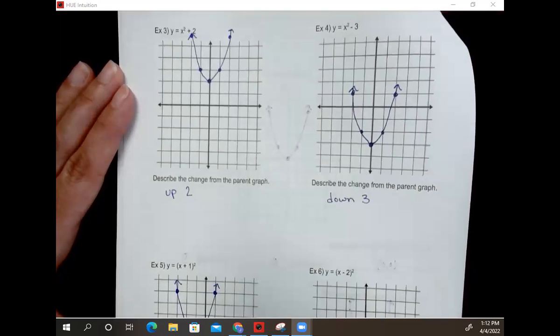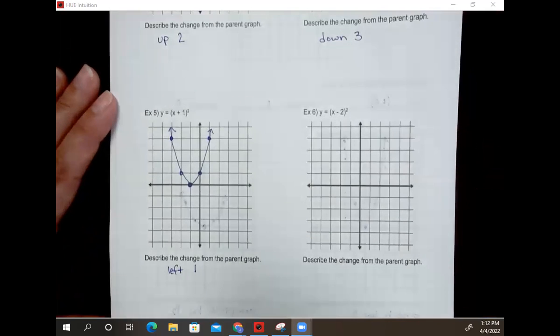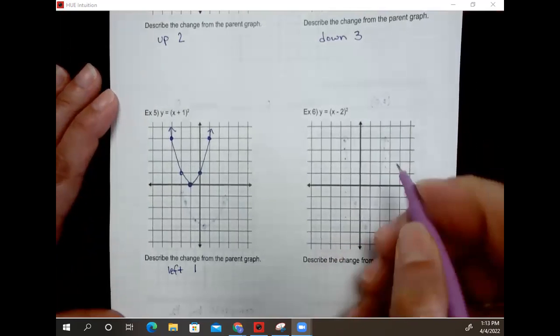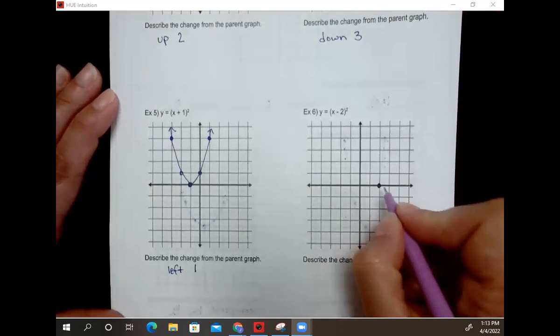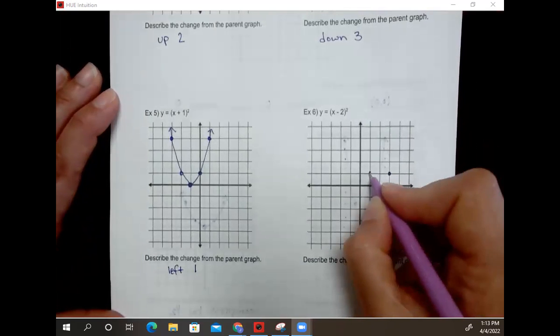Not too bad? Okay. For example 6, I've got x minus 2 squared. So again, this is going to do kind of the opposite of what I want it to. I would sort of expect it to go back 2 units, but it's going to do the opposite. It's going to go forward 2. And then same shape as our parent graph. So out 1, up 1 on either side.